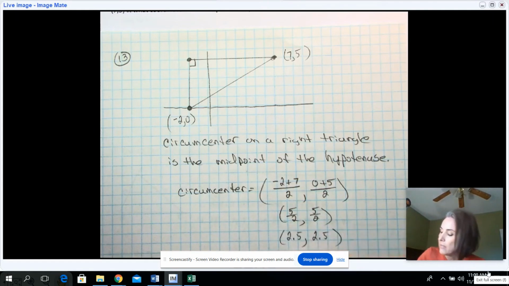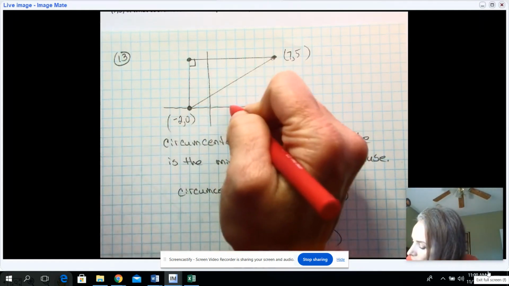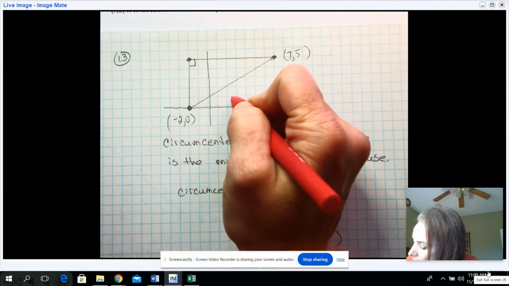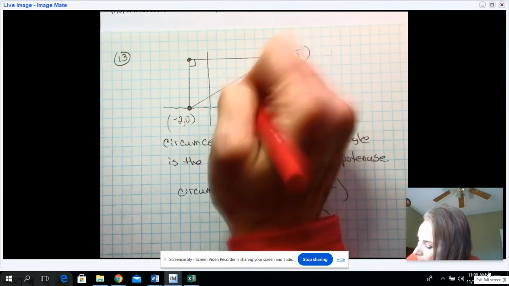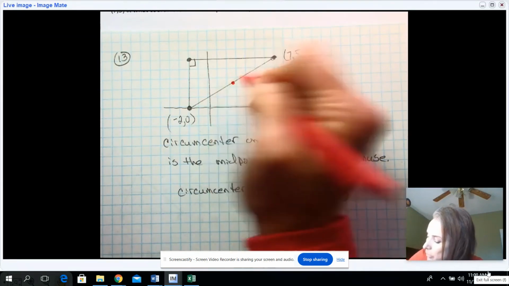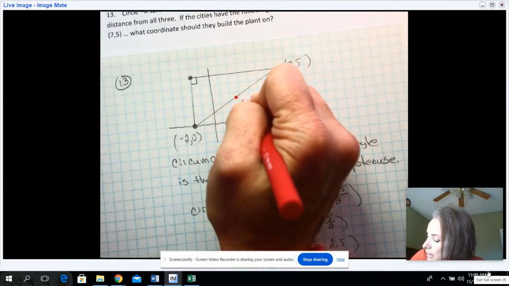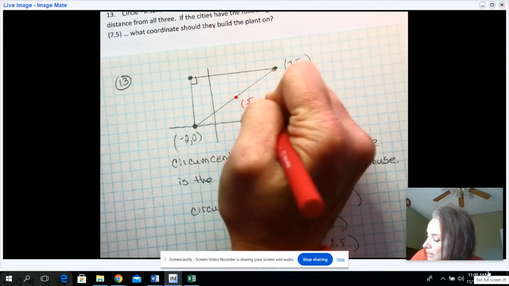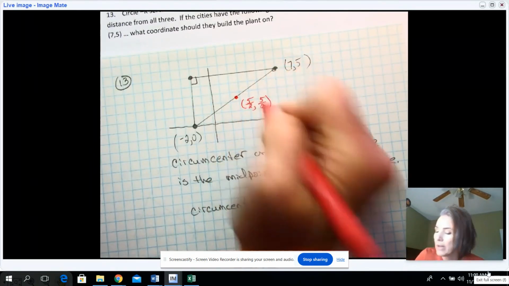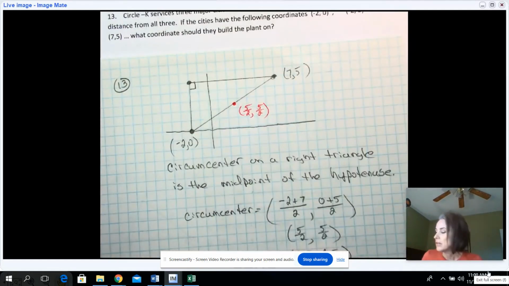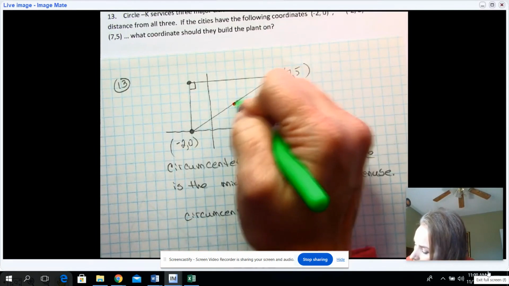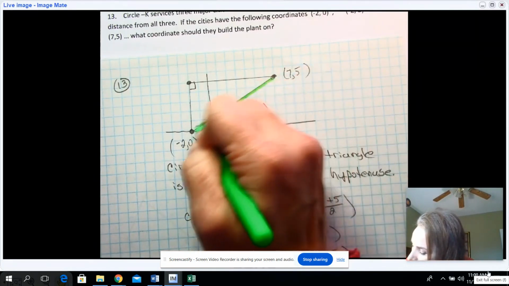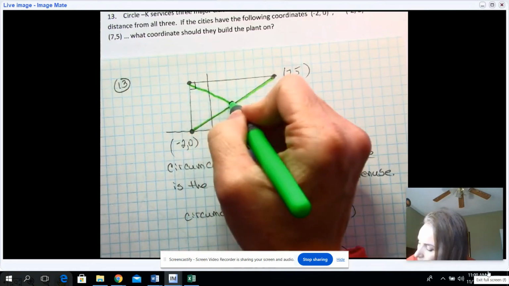So let me see. If I go over 1, 2, and over a half, and go up 1, 2, and up a half, yep, there is my midpoint. So this would be 5 halves and 5 halves, or 2.5 and 2.5. So therefore, that is equidistant to this vertex, to this vertex, and to this vertex.